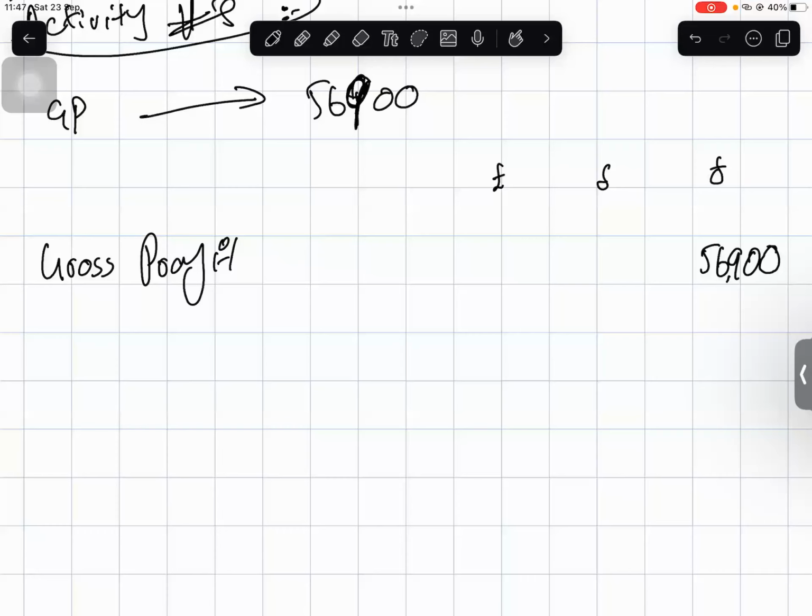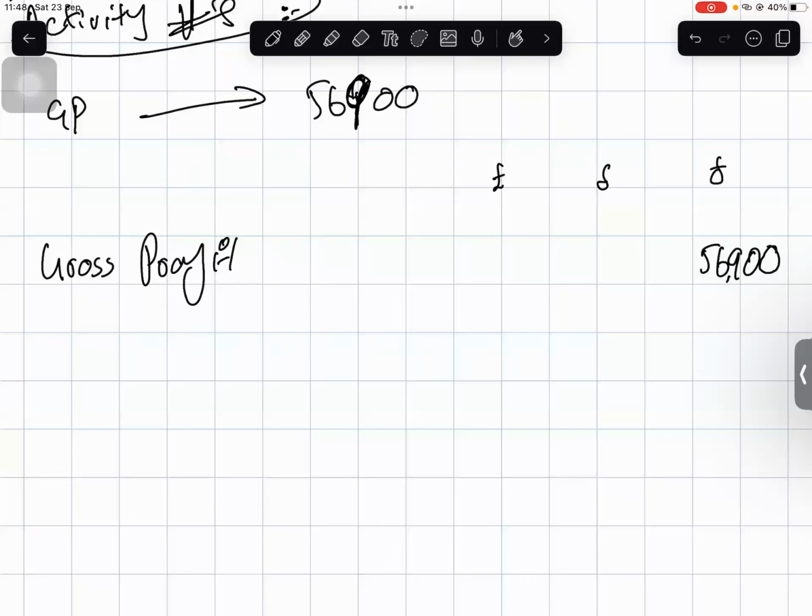So let's look at these items individually first, and then we'll start with the question. Motor expenses. Would that be an expense or an income? Sir, expense. Finance income, as the name suggests, is an income. Bank charges, expense. Wages, expense. Rent payable, expense.